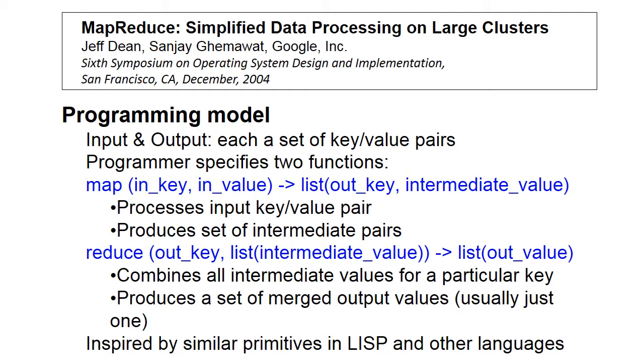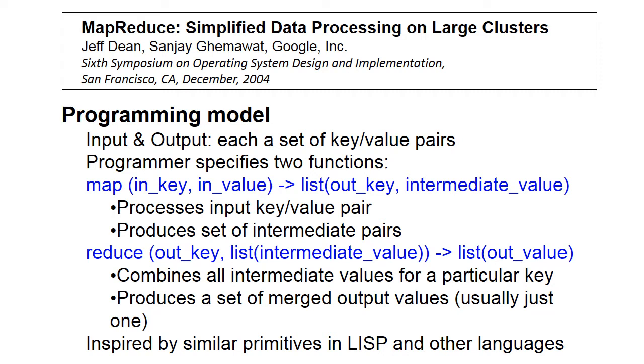And so this is a simple schematic of the programming model adopted by Google. So there is an input and an output, and each has a set of key value pairs. So you specify the map, which is a mathematical function. It takes in a key value pair and it emits a key value pair as an output.